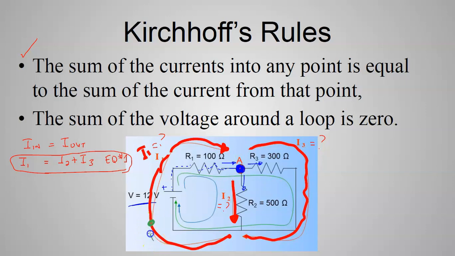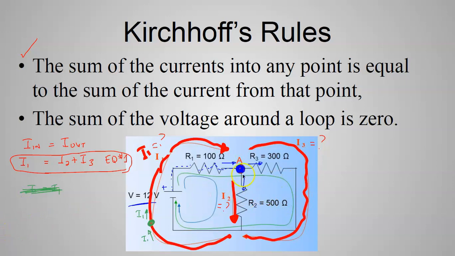And I could say, well, I got I1 coming in, and I got I1 going out. I didn't involve I2 because that's from here to there. I3 is from here all the way around the outside to there. I've only got I1. I could pick that point and go I1 equals I1. And then I smack myself in the forehead and say, well, that doesn't help me. Of course that equals.